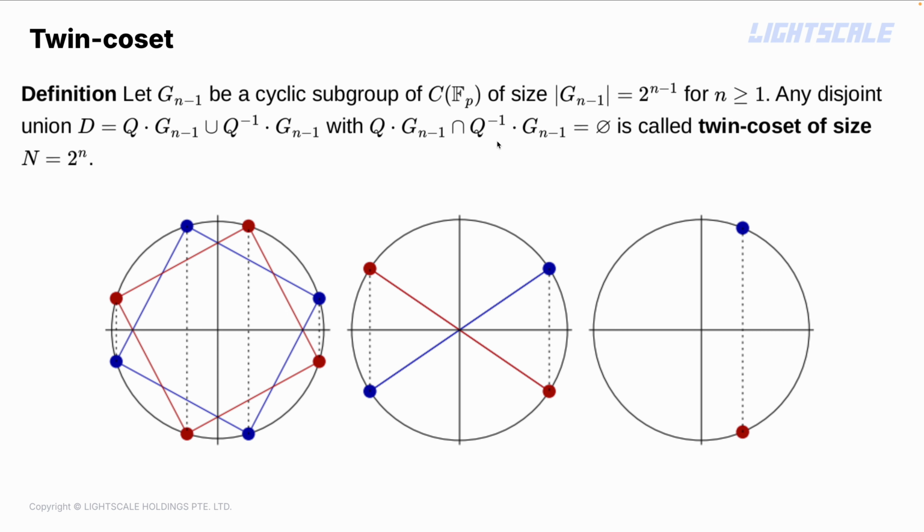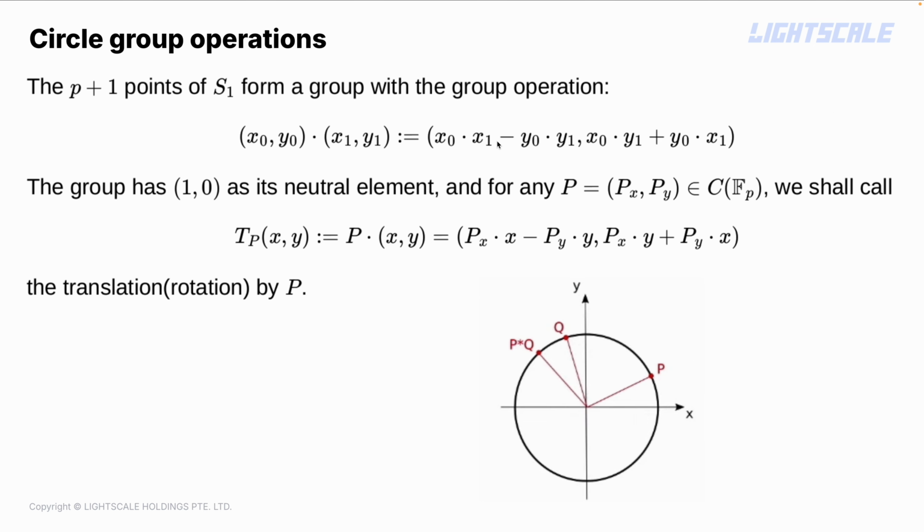I have a question about the slide two slides ago. Which one? This one? Yeah. It says P times (x, y) equals Px times x minus Py times y, and then Px times y plus Py times x. Why is it flipped for the y? Yeah, this is from the group operation.